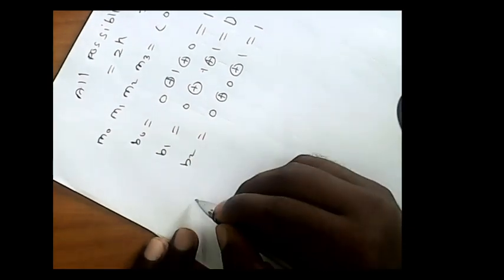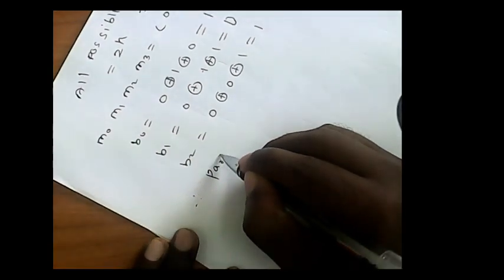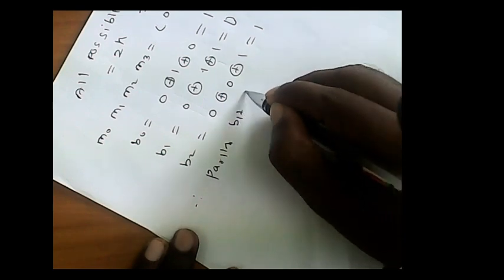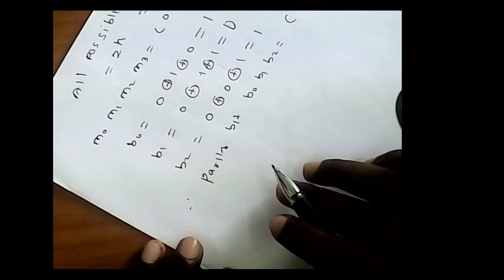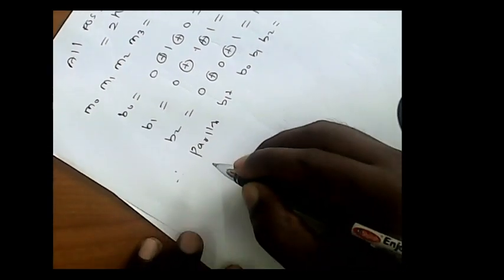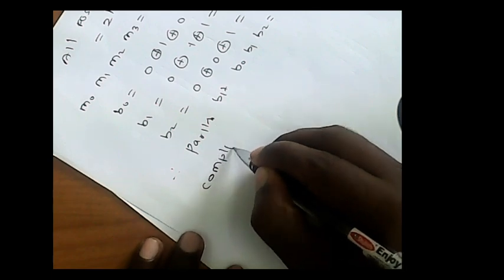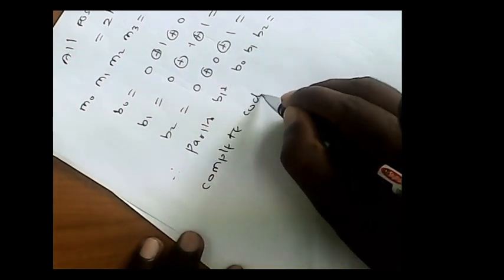So the parity bits B0, B1, B2 are 1 0 1. Hence the complete code word is the message bits followed by the parity bits.